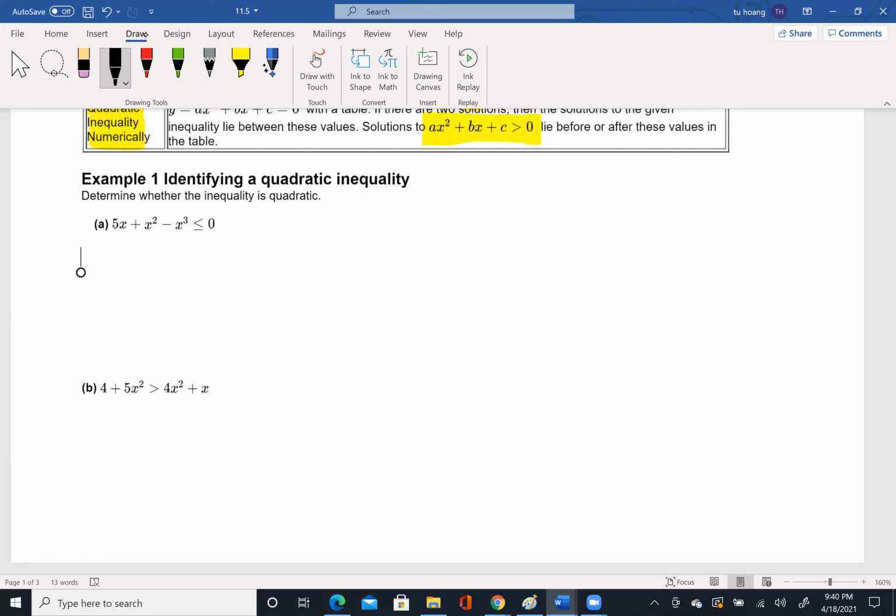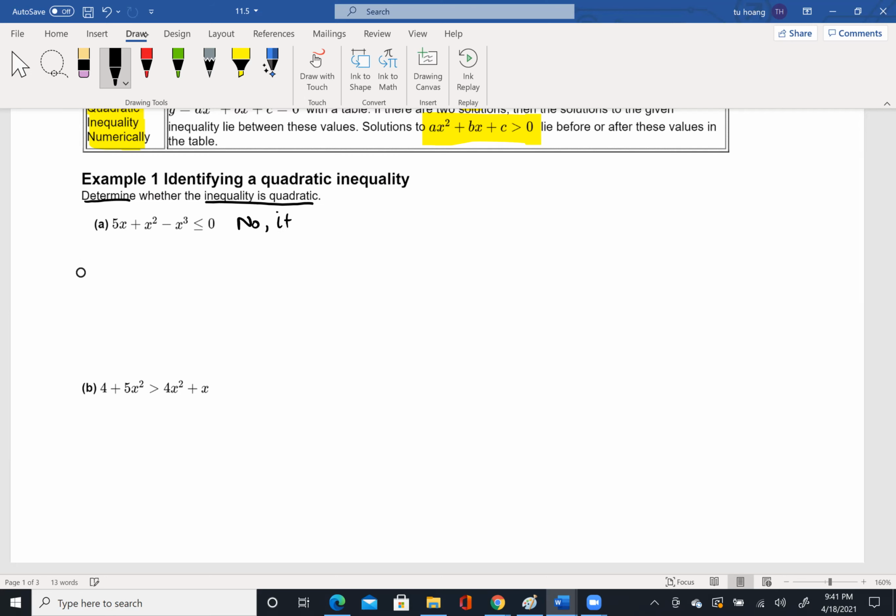So for this one, we are determining whether the inequality is quadratic, right? So is this a quadratic? No, it's not, right? Why?